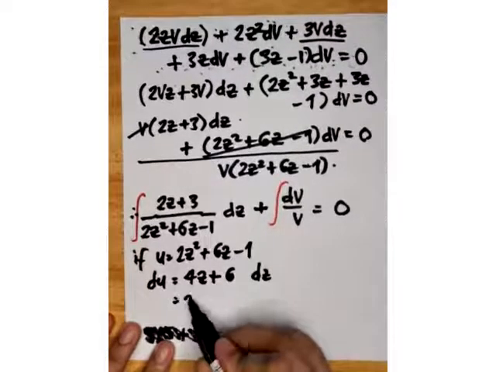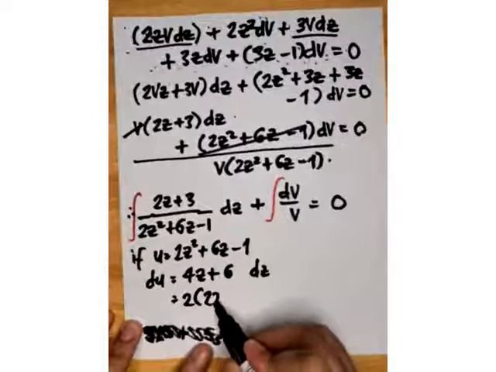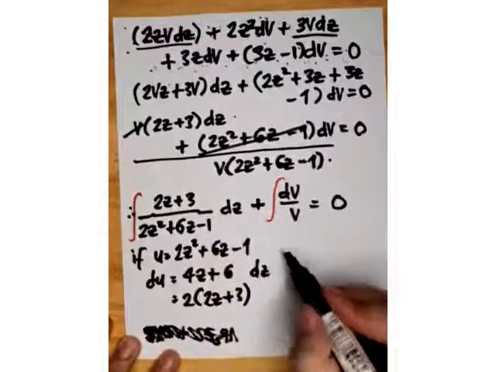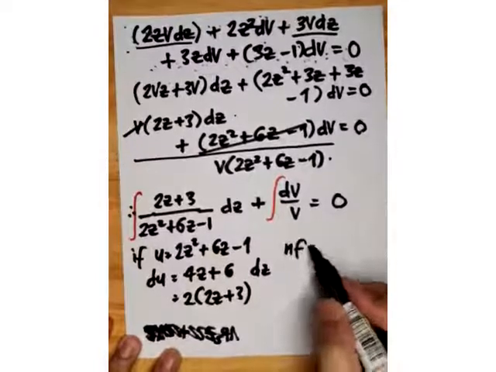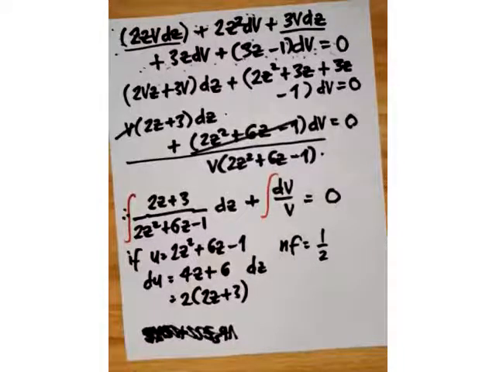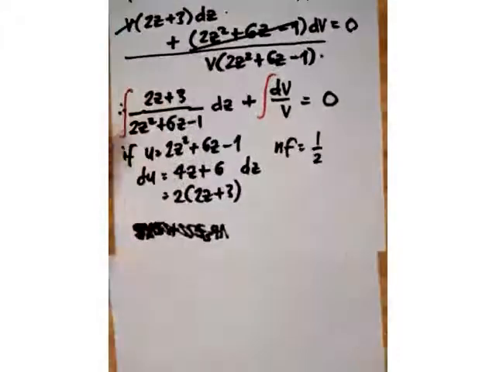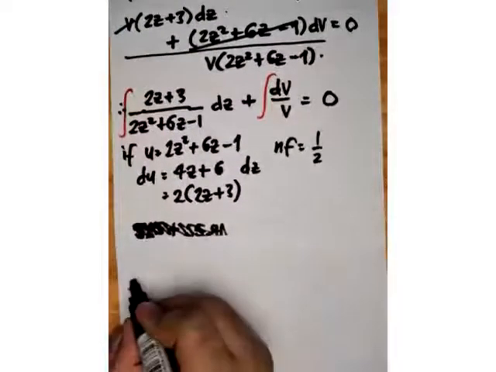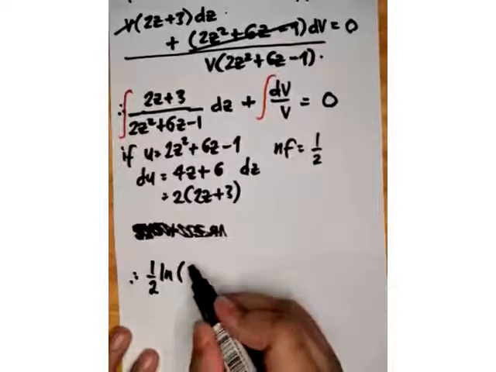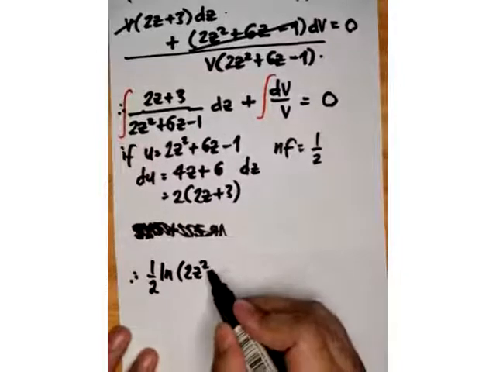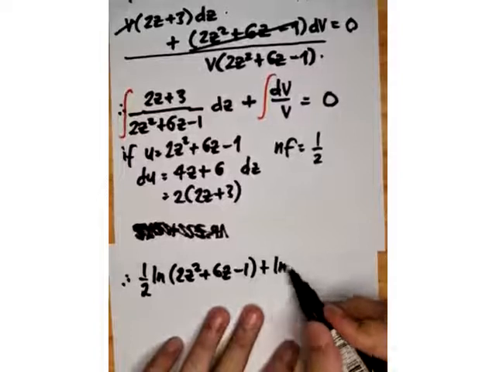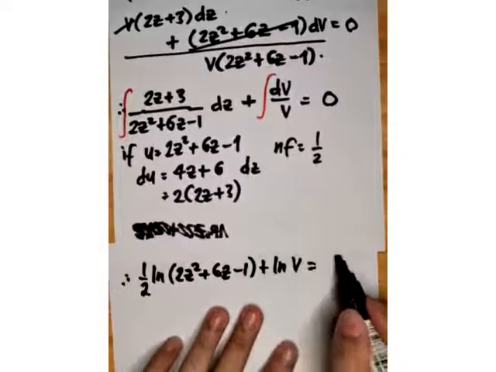So, kung factor out natin yung 2, so that is 2z plus 3. So lumalabas naman yung sa taas. So that means meron lang tayong neutralizing factor na 1 half. Ayan. So parang silang L. Okay, so therefore, ang sagot natin ay 1 half ln of 2z squared plus 6z minus 1 plus ln of v is equal to c.